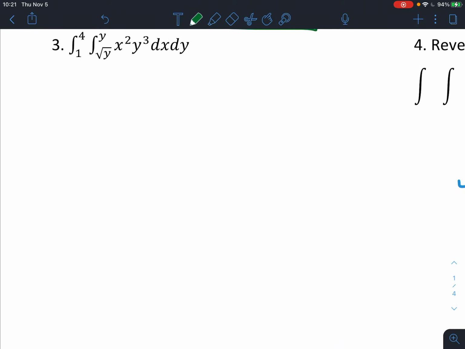Third one here. Now we're going to integrate with respect to x first, and then y. So integrating first with respect to x, that means y cubed is just a constant. So y cubed stays there, and then it's x cubed over 3, from root y to y, dy.